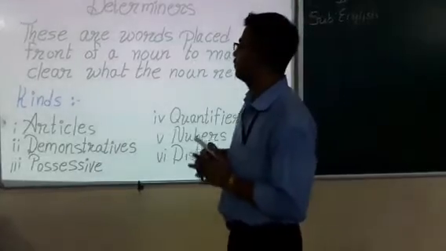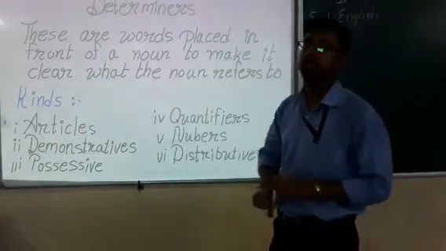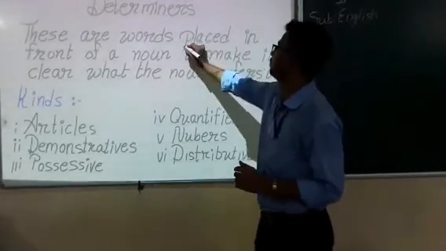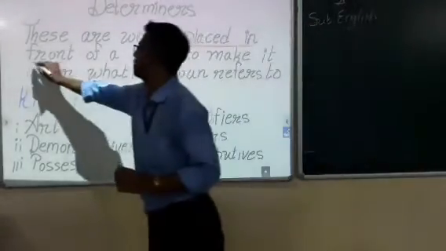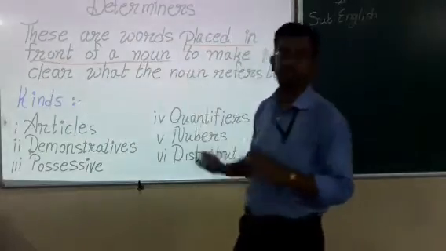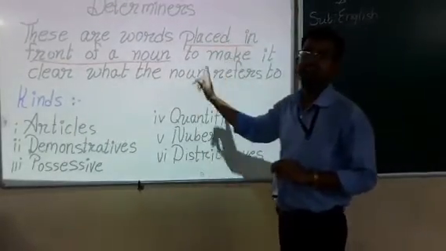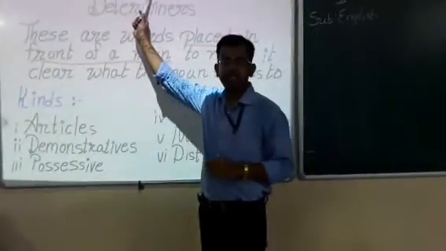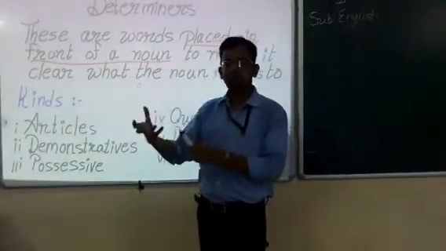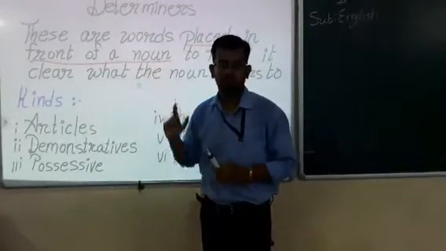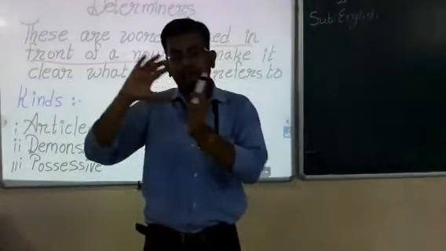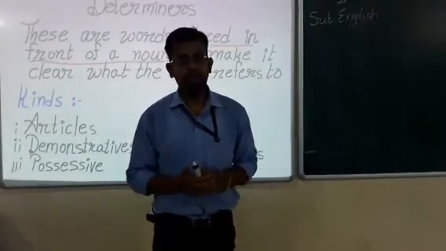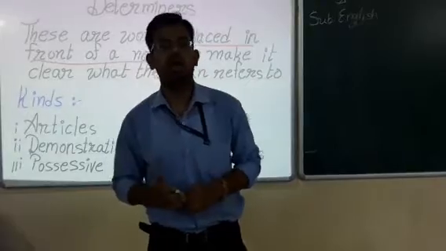You will come to know a few very important things related to determiners. First one: placed in front of a noun. Determiners are an introducing element for a noun and are always placed before a noun.